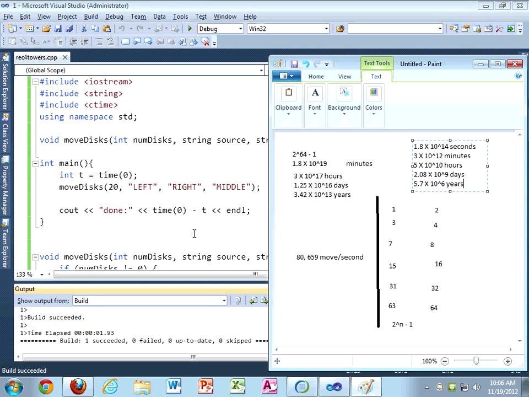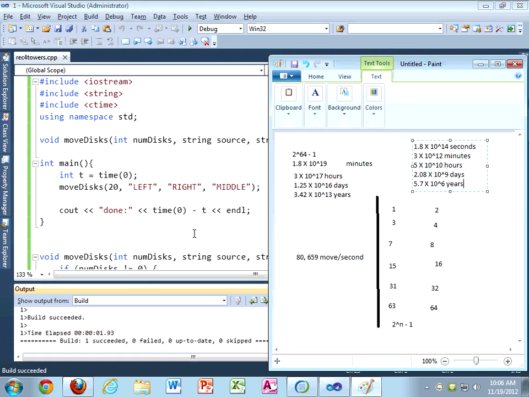If you remember algebra, you have linear functions, quadratic functions, logarithmic functions, exponential functions, right? So which type of function is this? The towers of Hanoi is an example of an exponential function.